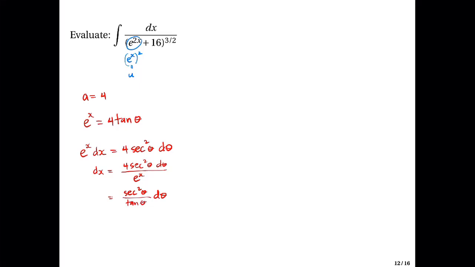So in here, we will have what? Furthermore, we have e to the 2x plus 16. That's equal to 16 tangent squared theta plus 16. And this is just 16 secant squared theta.